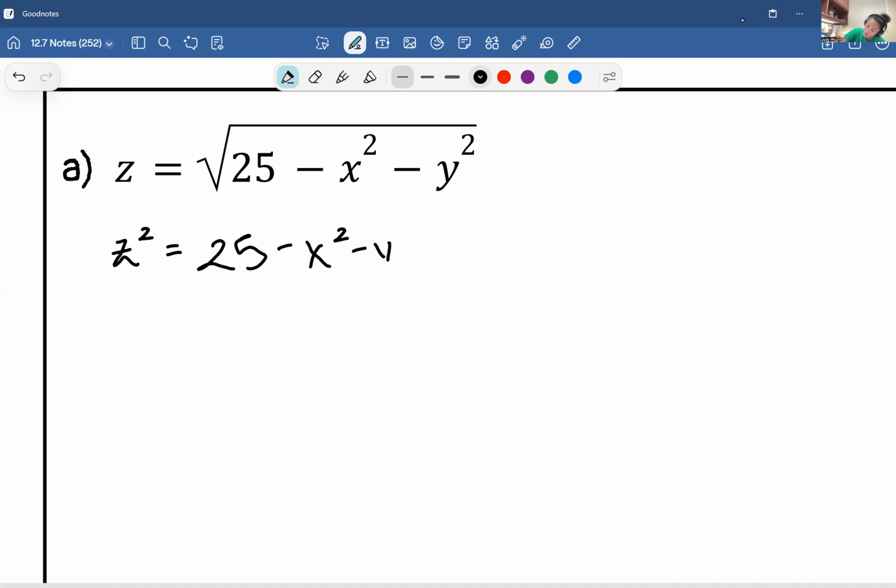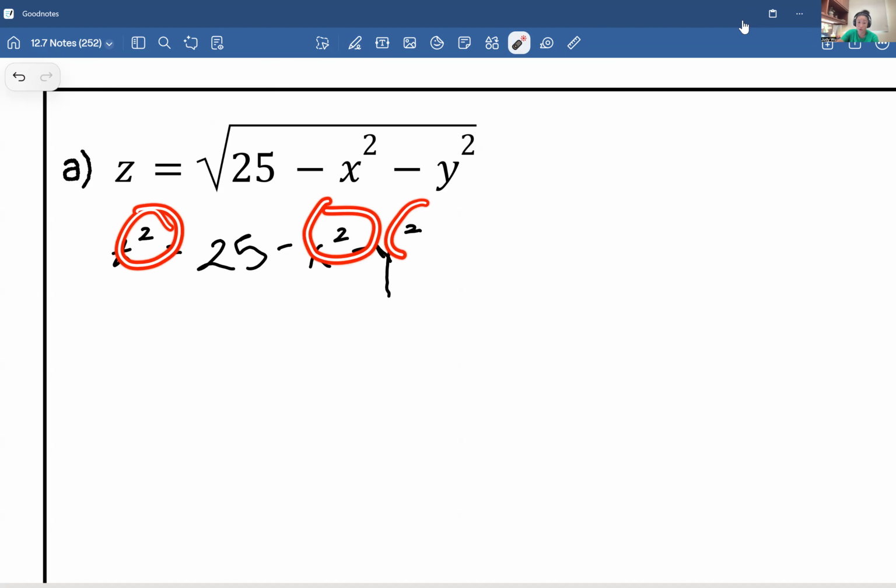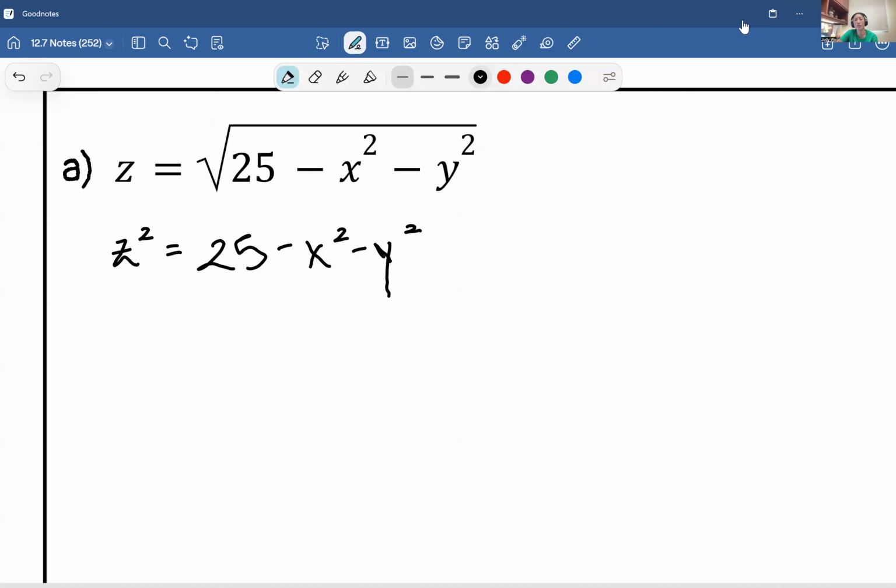So we can start to see what shape we're looking at. I do notice that all three of these have a power of 2, and so that might be a good clue that we're not looking at the elliptic paraboloid, but rather something where all three components are squared.